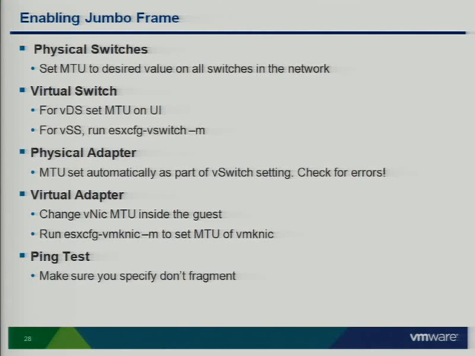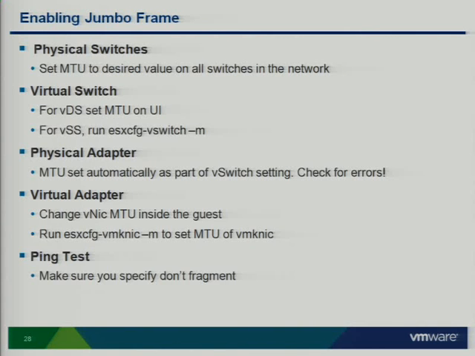For the standard switch, you have to use the command line. You have to set it on the virtual switch side. You have to set it on the physical adapter, and typically the setting of the physical adapter is automatic once you set the switch. But you should check for errors. You also need to set it on the virtual adapter.